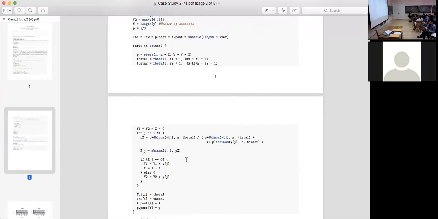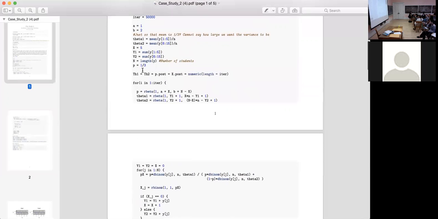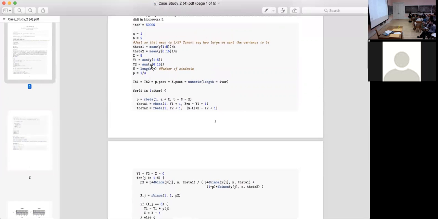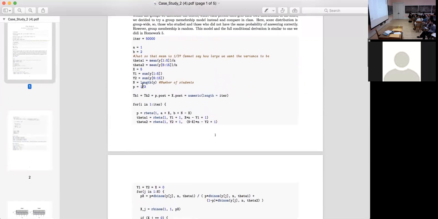Yeah. Okay, makes sense. So how did you set up your P to be 1/3 in the first place? This was just an initial value for the chain, not a prior. For the chain, okay. But P is the probability of, because it's 5 and 10. So okay, makes sense. Nice. So this is a mixture model. Yeah.